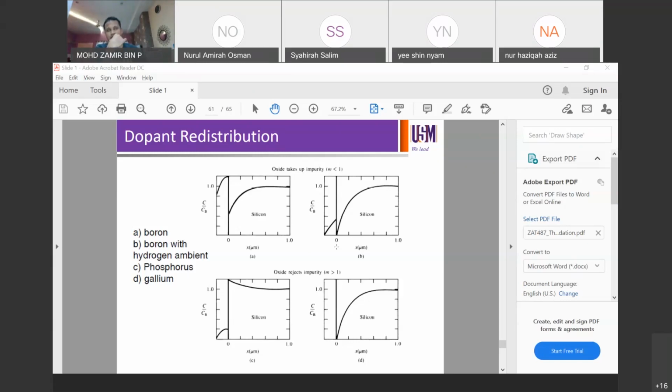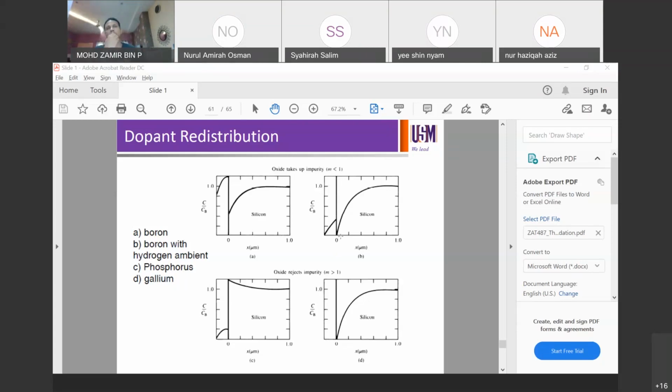The first one is the segregation coefficient, and the second one is the diffusivity of your dopant in silicon and silicon dioxide. So in this case, when you have a hydrogen environment, it will boost the diffusivity of boron in oxide. So you end up having more boron in oxide because it will tend to be more depleted.